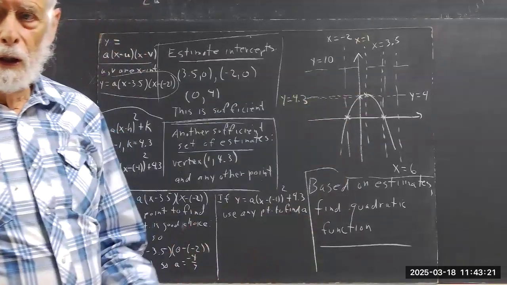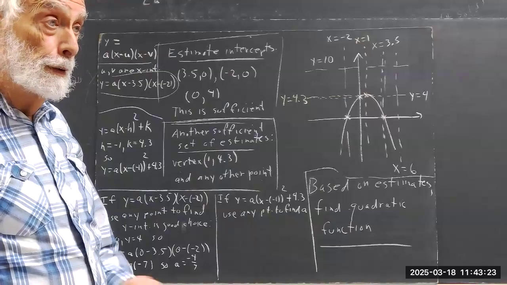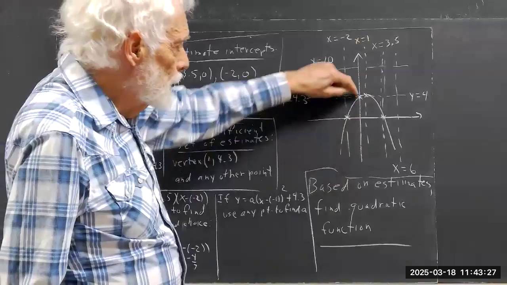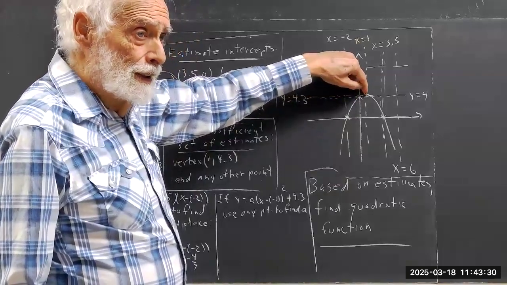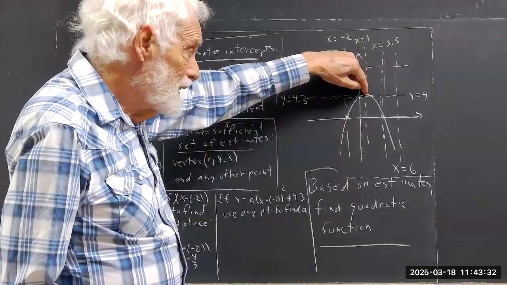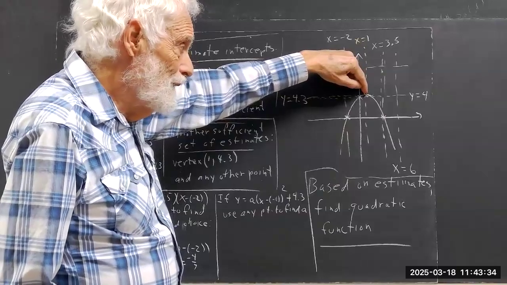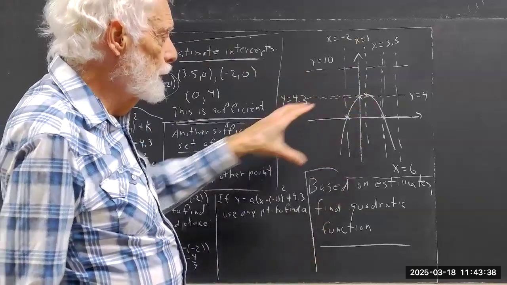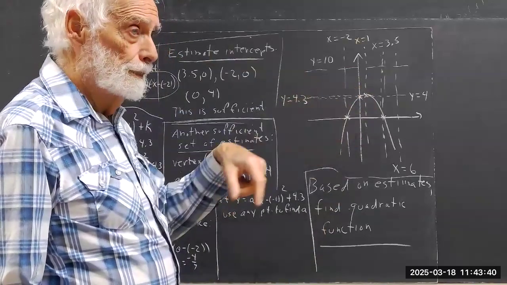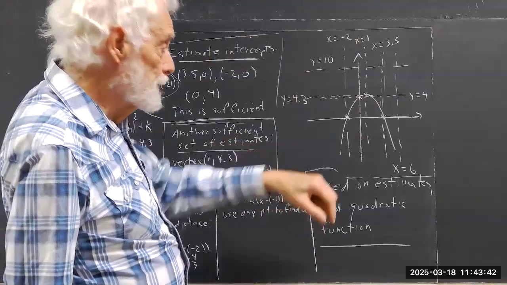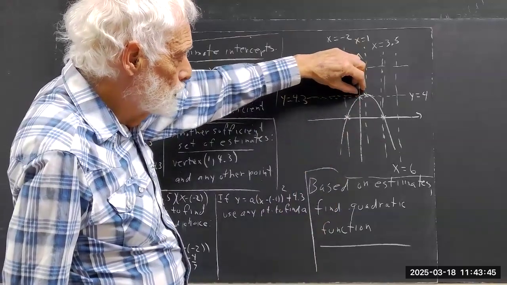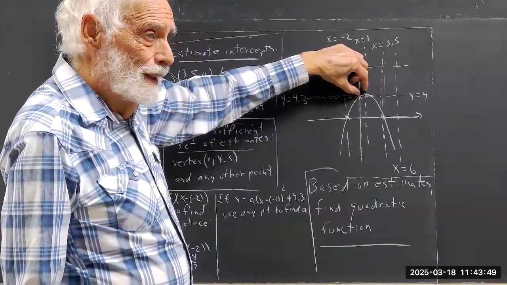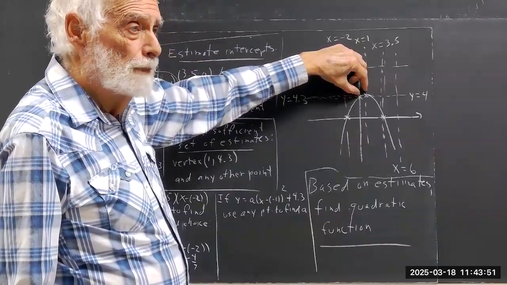Now, I wouldn't choose the y-intercept if I was trying to be pretty accurate here. Reason being that the y-intercept is so close to the vertex that you're going to have a more accurate result if you use a point further away from the vertex. Things have to be so precise here that you're going to probably be off by quite a bit.